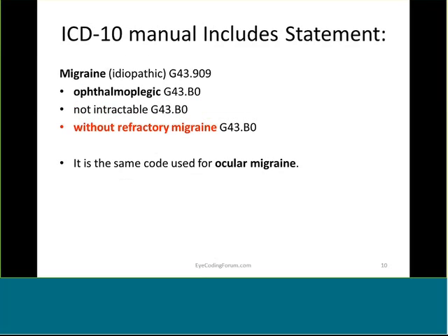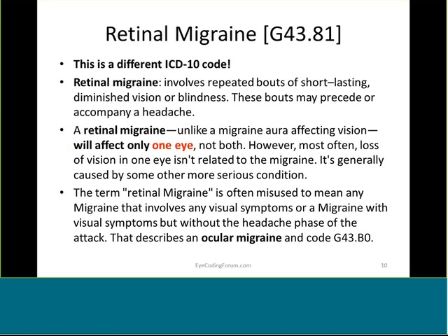In the ICD-10 manual, there's an include statement that will say an ophthalmoplegic migraine, G43.B0, and also a migraine, well, it says here, it's without refractory migraine, G43.B0. So these are included under that one code.